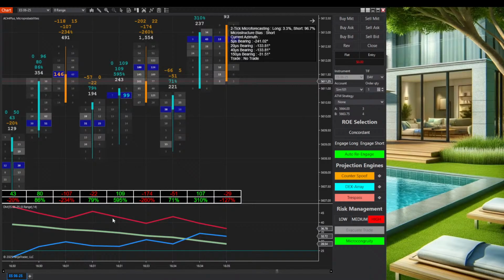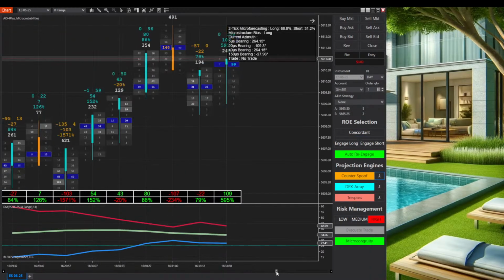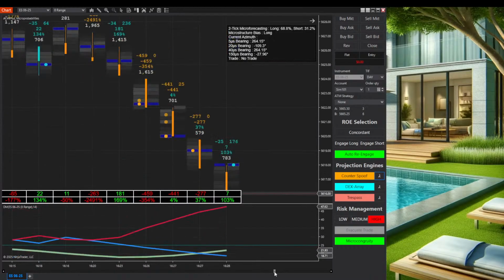So right now there's too much momentum. Price is moving higher, even though we're bearish. So we're going to turn on regression mode, and then just turn on the strategy. So that's 4 examples of how you would use it.